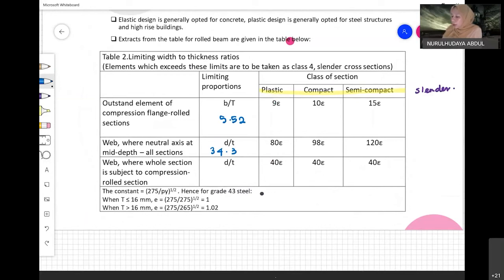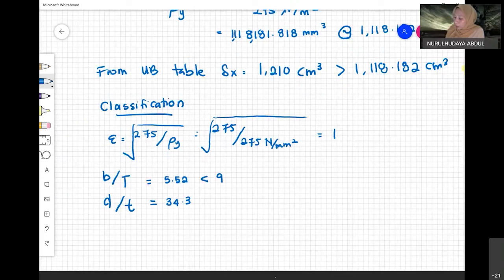So 5.52 is less than 9 and 34.3 is less than 80. Jadi section ni both flange dengan web adalah less than 9 constant, less than 80 constant. Means this is plastic and this is also plastic.